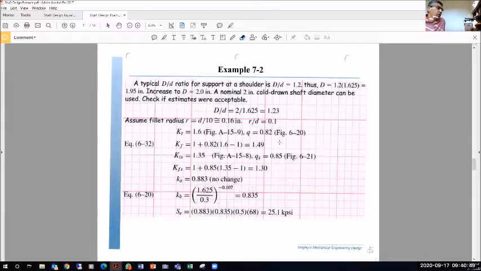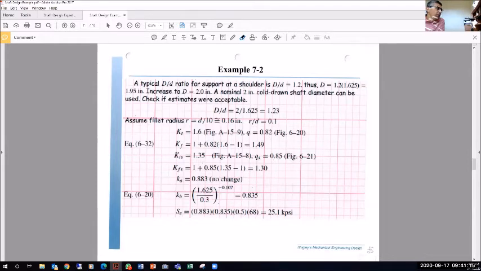I want to remind you that in figure 6-20, you need two things: the ultimate strength of the material, and the radius of the notch. The radius of the notch r here is 0.16 inches. So I can use figure 6-20 to find q is 0.82, and figure 6-21 to find qs is 0.85.